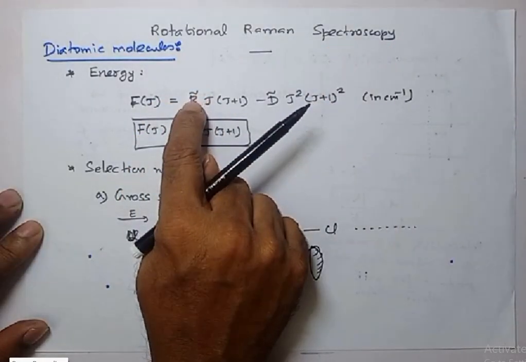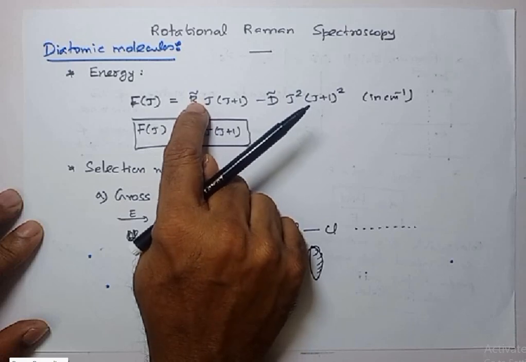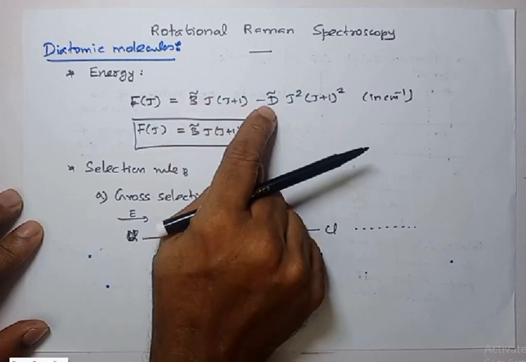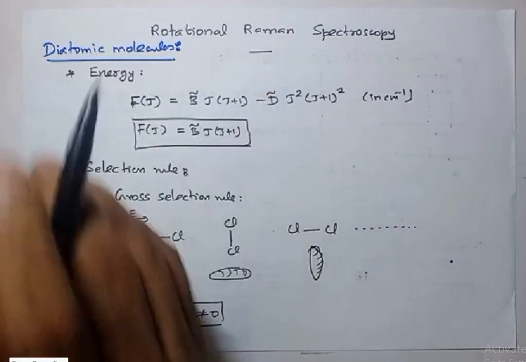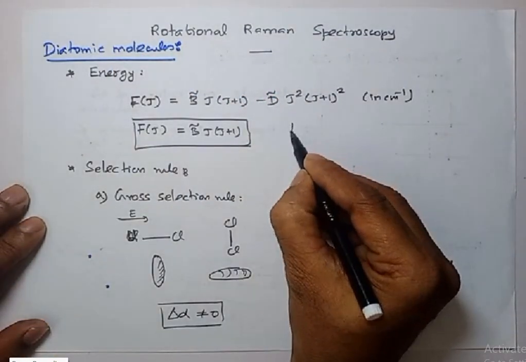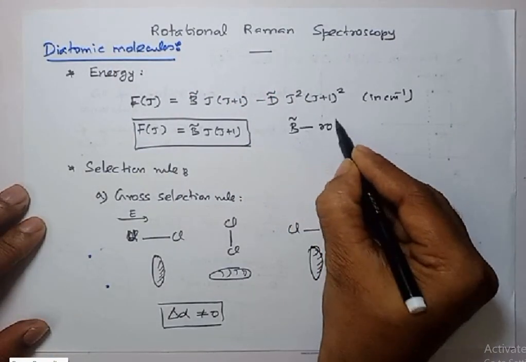What is B here? B is called the rotational constant of the molecule, and D is called the centrifugal distortion constant of the molecule.